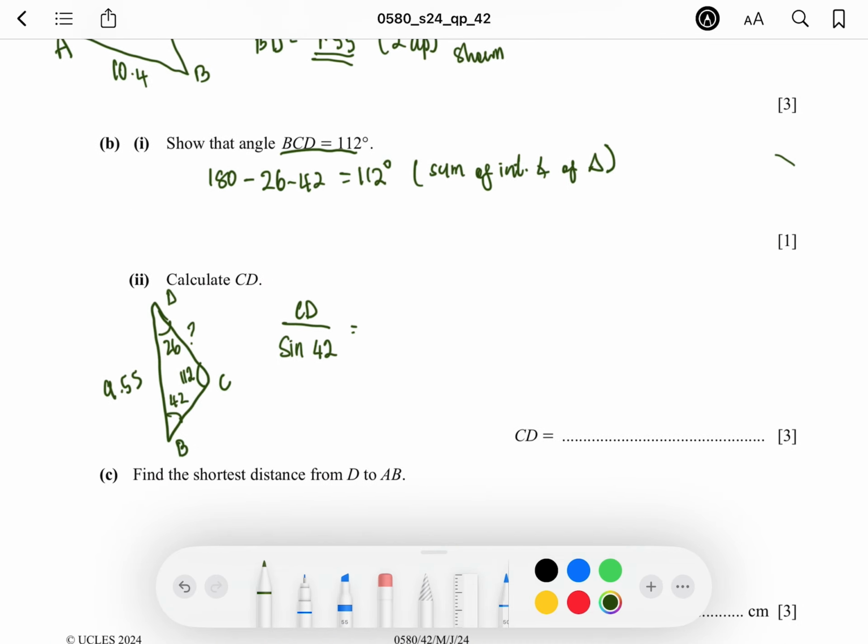So that equals, let me substitute, the side divided by the sine. Multiply both sides by sine 42 and you get the answer for CD.